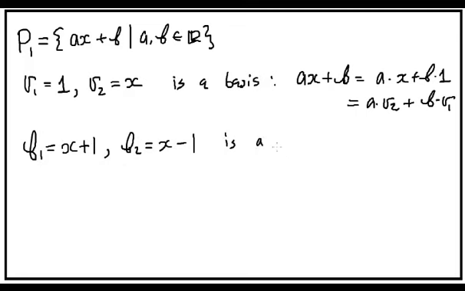This is another basis of the same space, and no wonder that the number of vectors in this basis is the same as in the other one, which is 2. This has to do with the fact that the space has dimension 2. In general, any two bases will always have the same number of vectors in them.